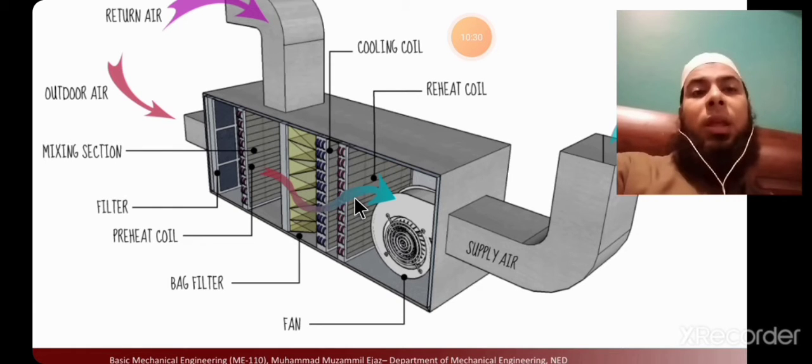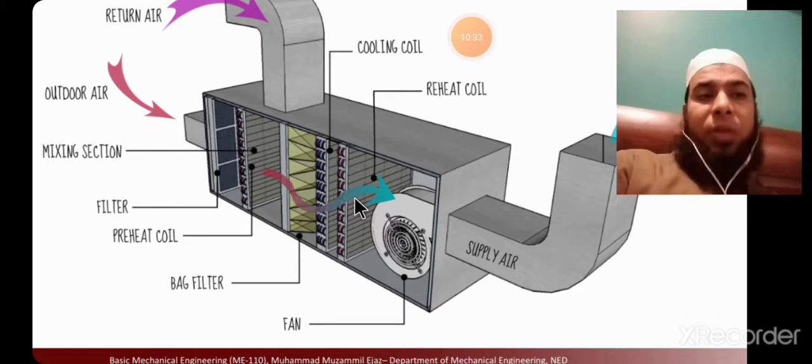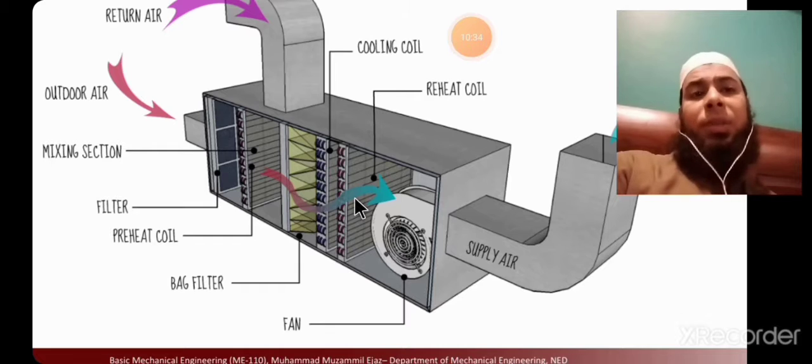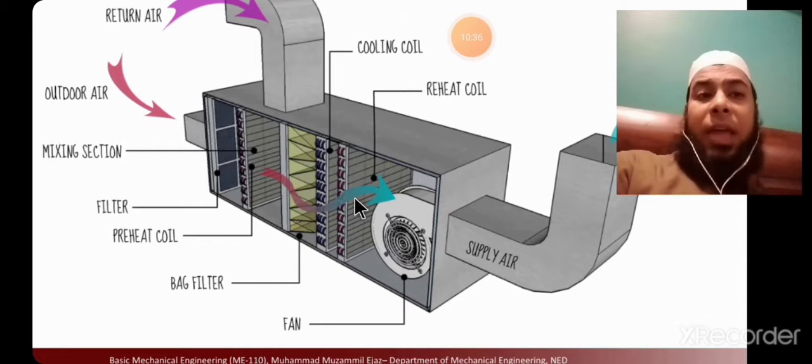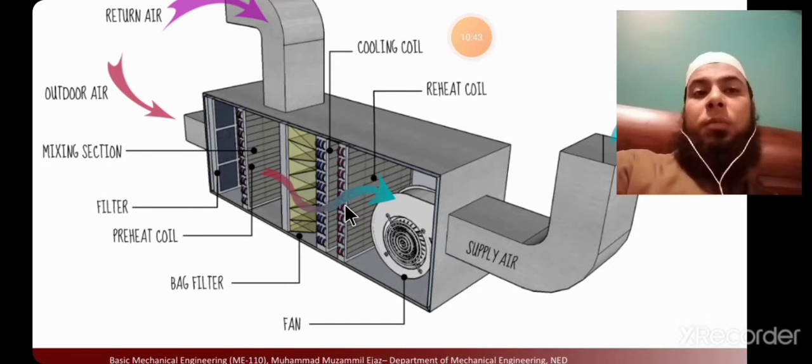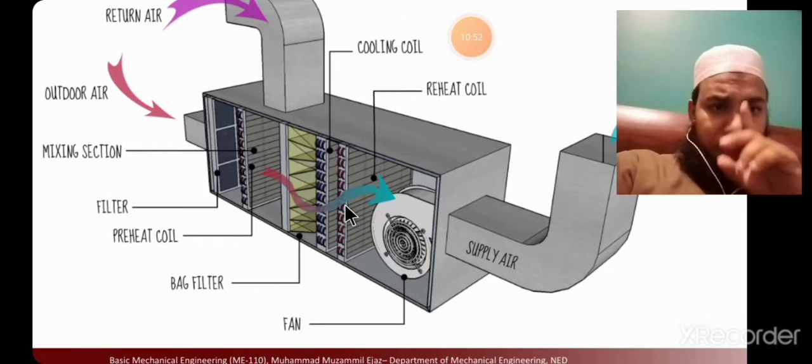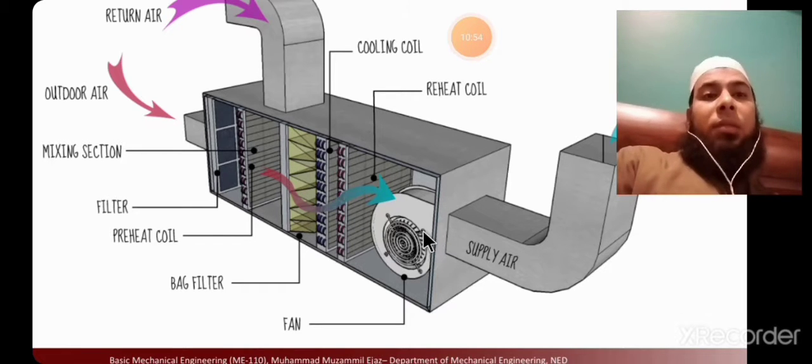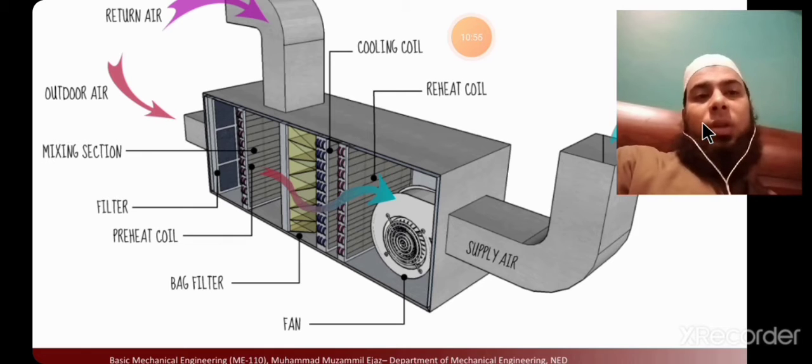In particular areas like pharmaceutical companies, where we need a very accurate humidity value, we put a reheat coil to reheat the air and bring it to the required humidity level. Then the blower supplies the air to the room. So this is the basic construction of an air handling unit.